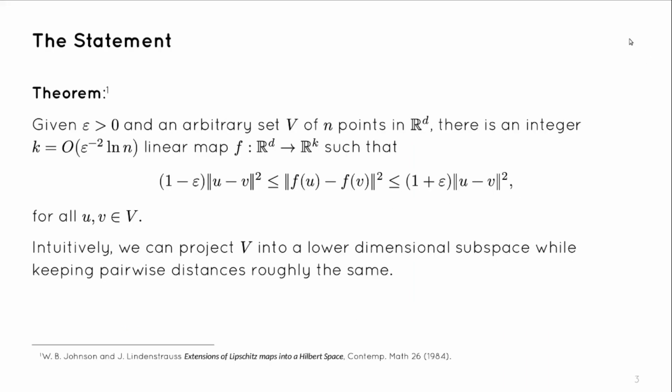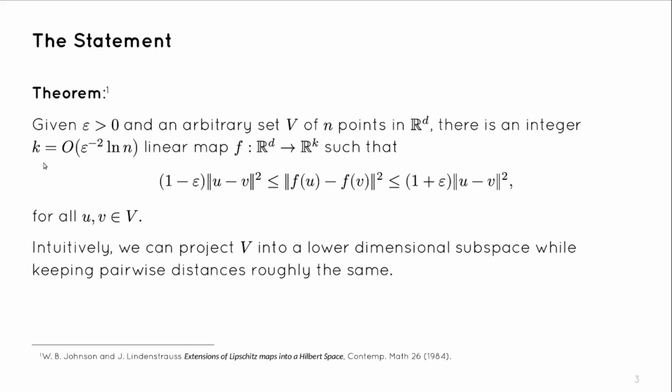Anyway, the statement of the Johnson-Lindenstrauss lemma, as they proved it in that paper as a lemma for a bigger result, is that given some arbitrary epsilon greater than zero and some arbitrary set of points in a d-dimensional vector space, we'll just use R^d, but in general it's not too much of an issue, we can find some integer k that is roughly of the order of the logarithm of the number of points in our set, times the inverse of the square of epsilon.